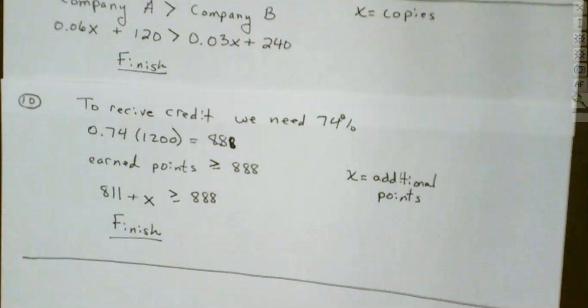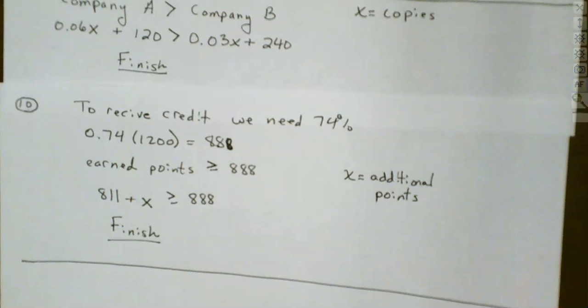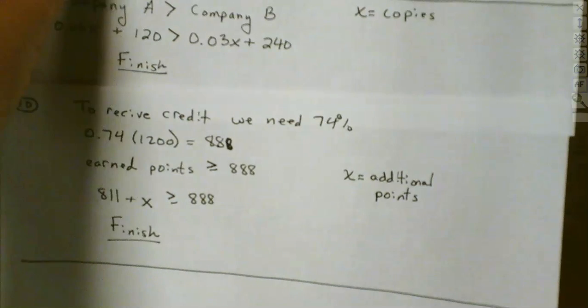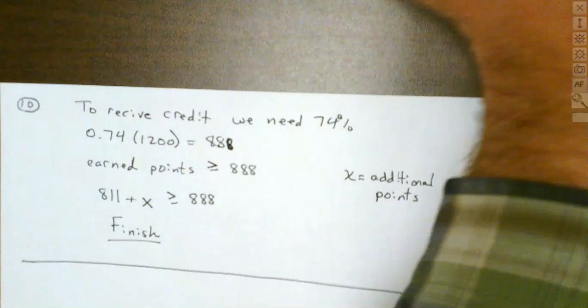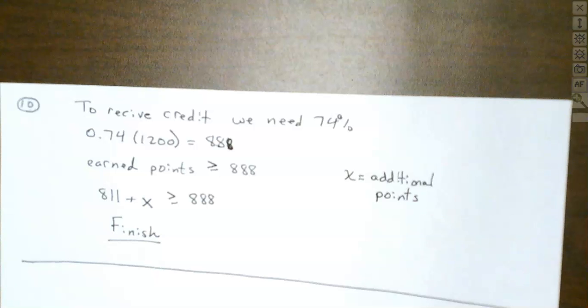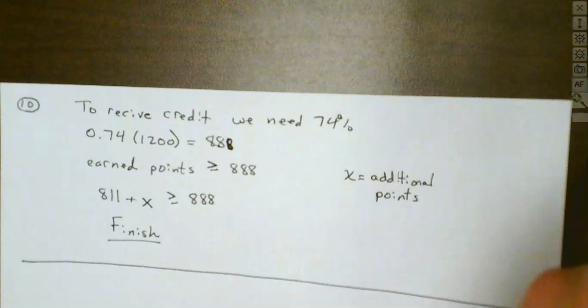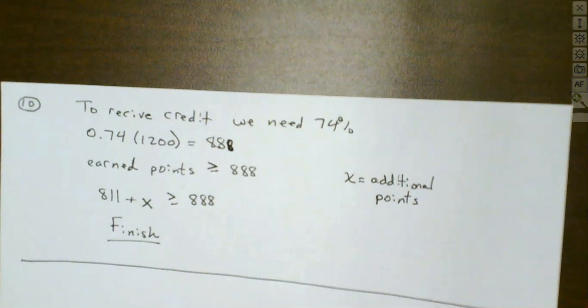And we need to make sure that total is greater than or equal to 888. So you'll just move that 811 over, and that's it. That's how you set up all of those applications. I'm not going to finish them, but I did set them up.